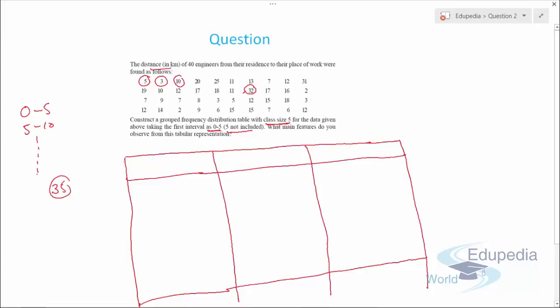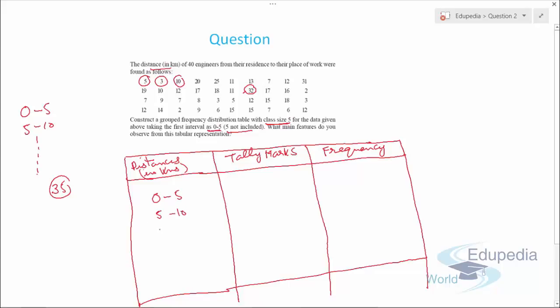Over here we need to write distances in kilometers, over here tally marks, and over here frequency, right?